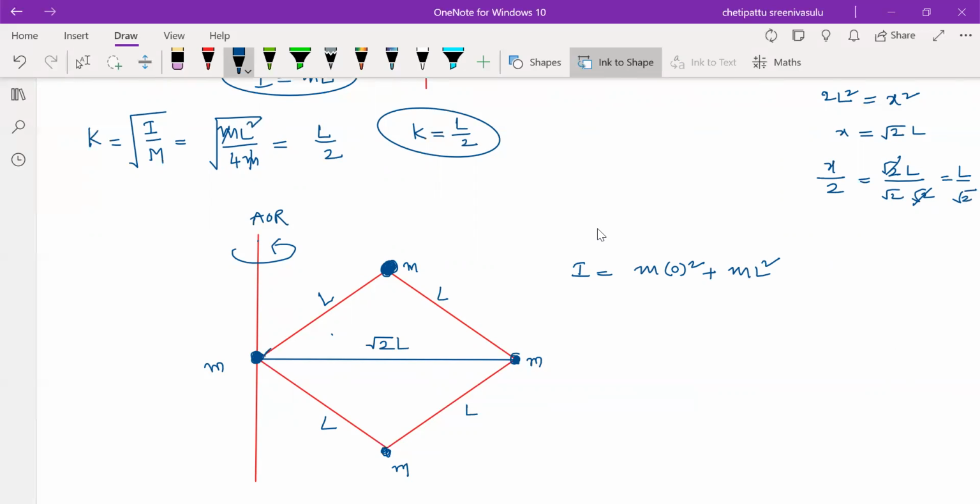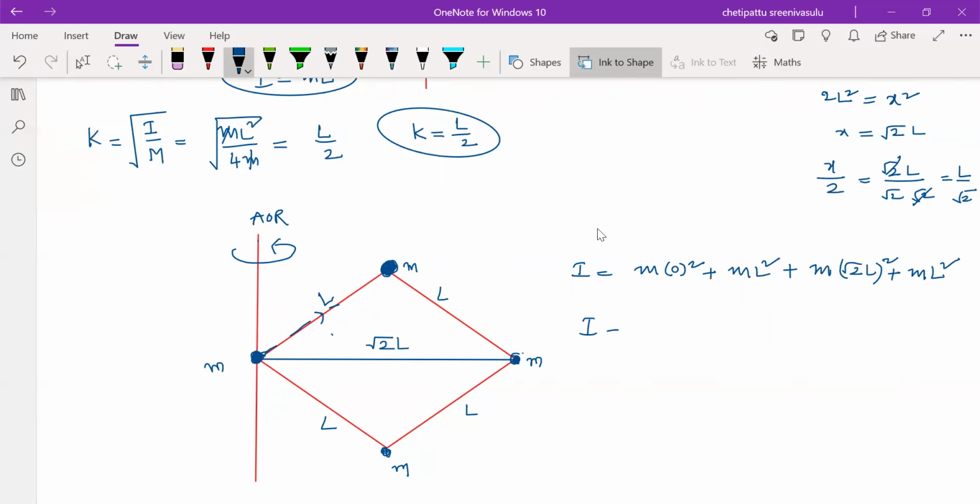Then only you can consider this distance as perpendicular distance. Then another m, this is m3, m into the perpendicular distance root 2 L whole square, and the remaining m L square.